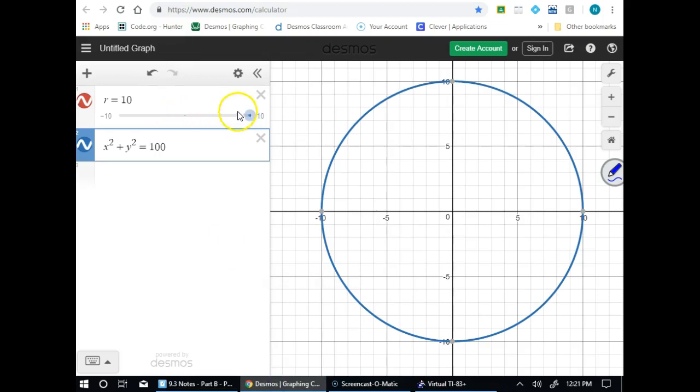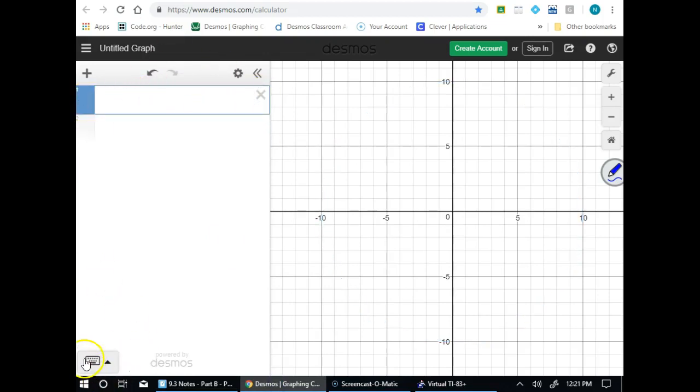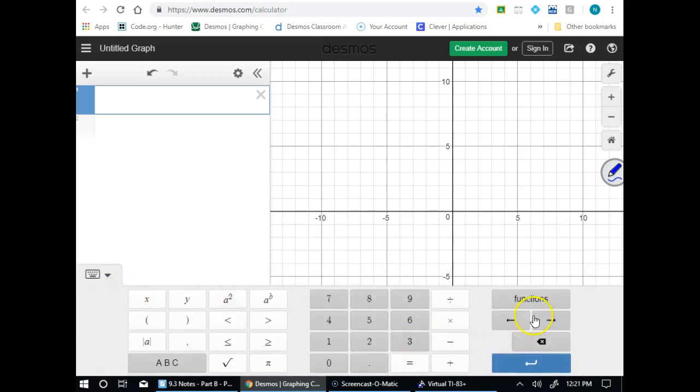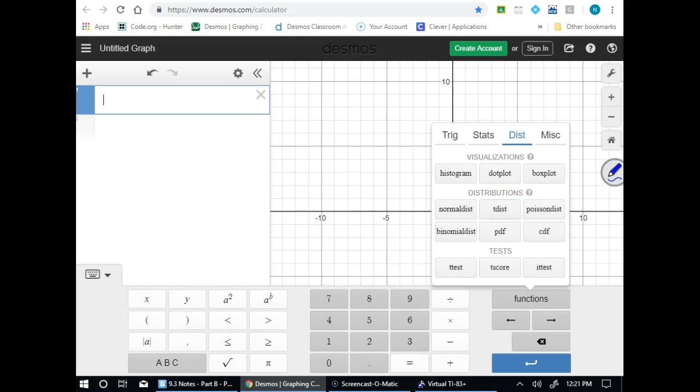Theta equals 150. In Desmos, there's two ways to get to theta. You can use the keyboard and then go over here to functions and maybe there's not two ways to get to theta. Okay, there are not two ways to get to theta.